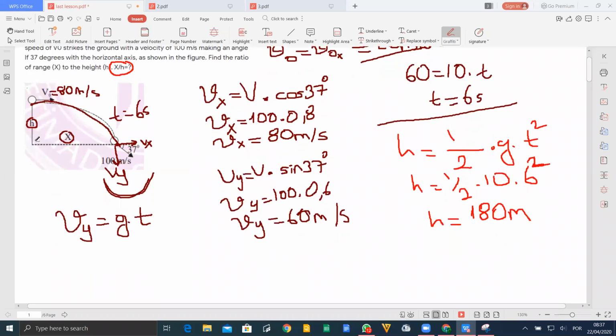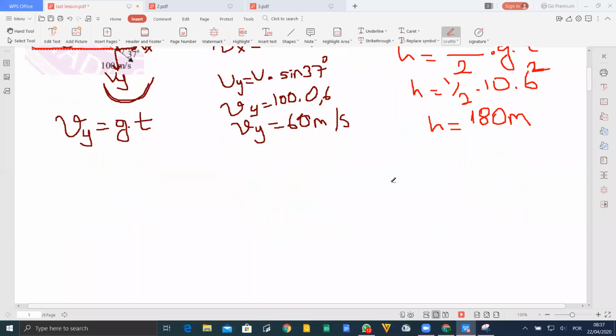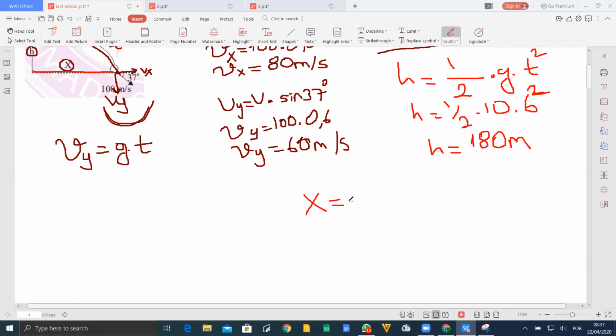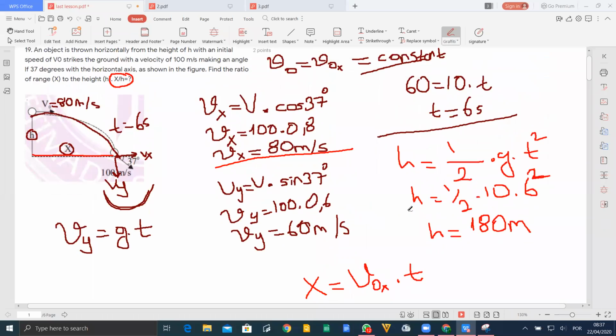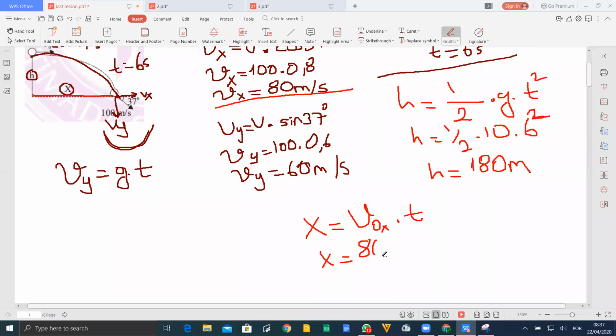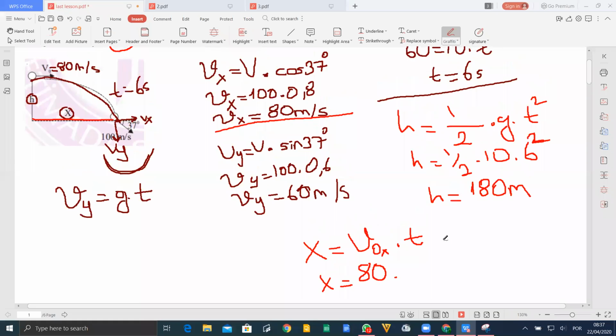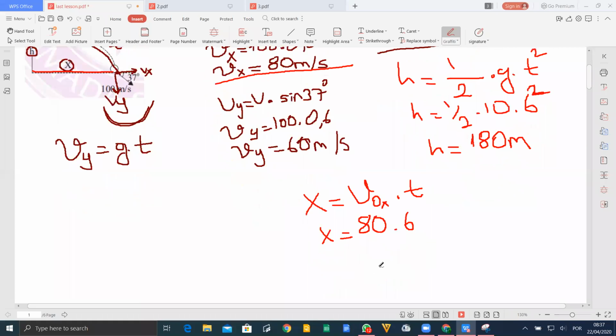What about x, the range? The x formula was V0x times t, as you know, and then x is equal to V0x, which is here, 80 meters per second, times 6, and then it is equal to 480 meters.